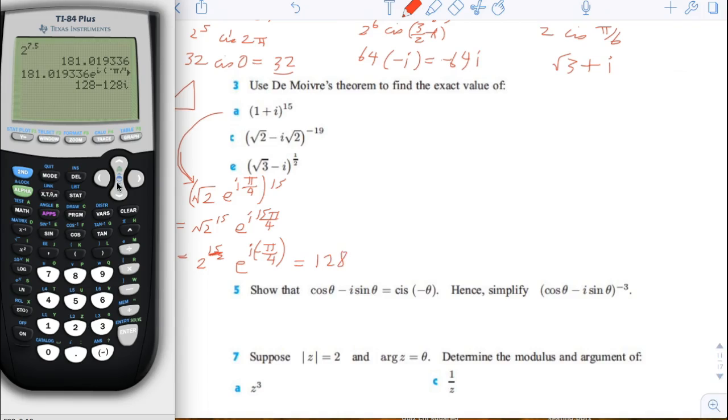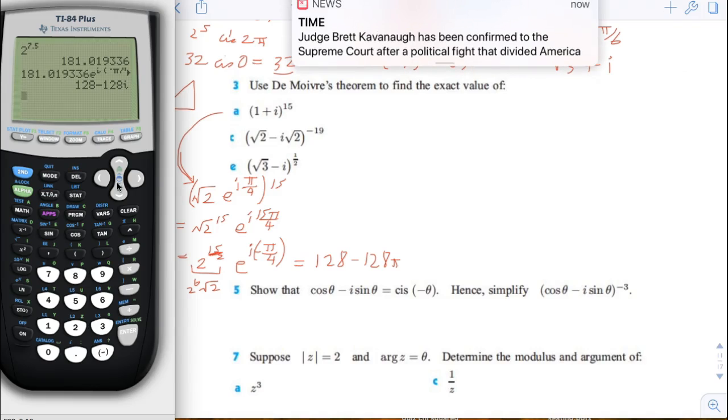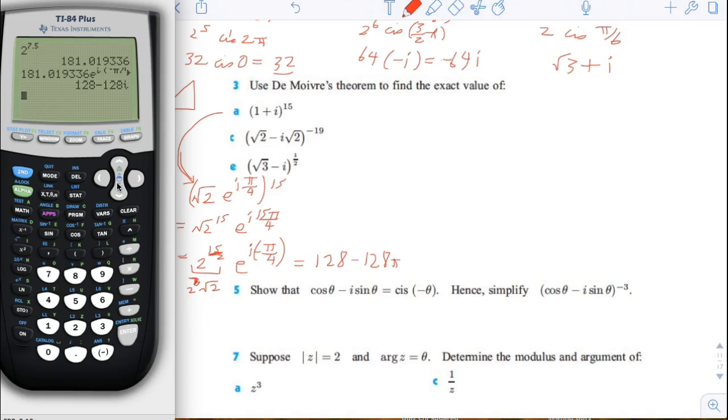I didn't think about that, but if you think about it, 2 to the 7.5 power is 2 to the 6th times square root of 2. So when I divide square root of 2 from that, or 2 to the 7th times square root of 2, yeah, that makes sense.